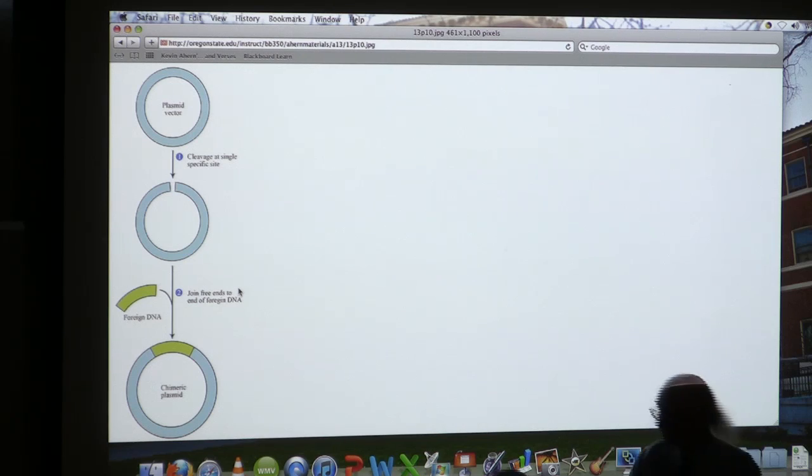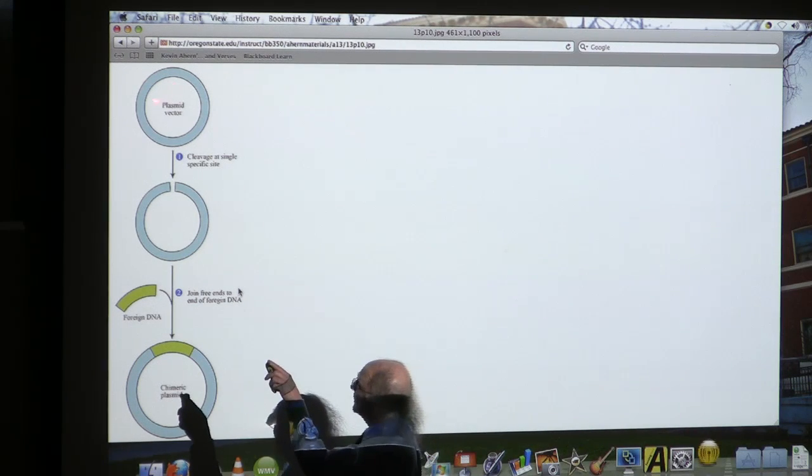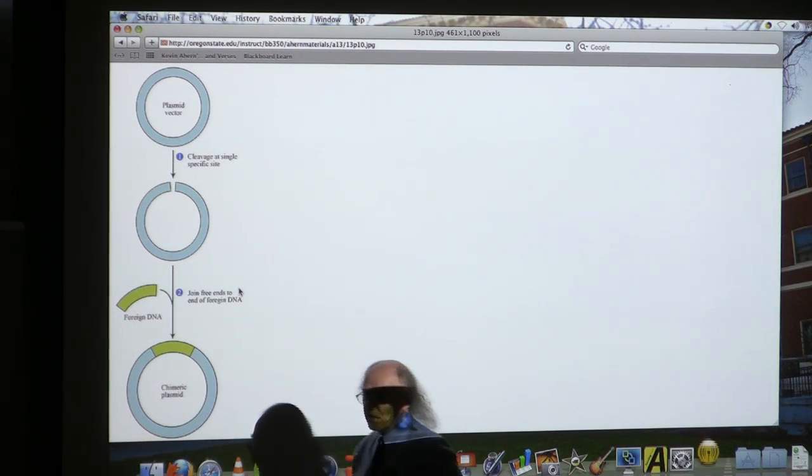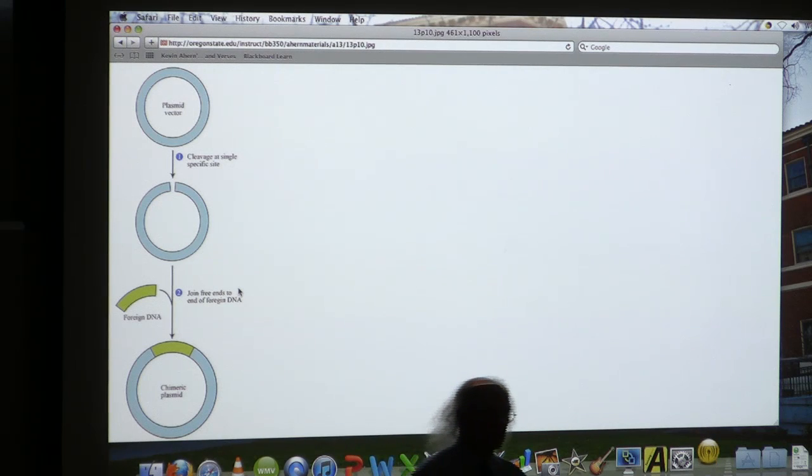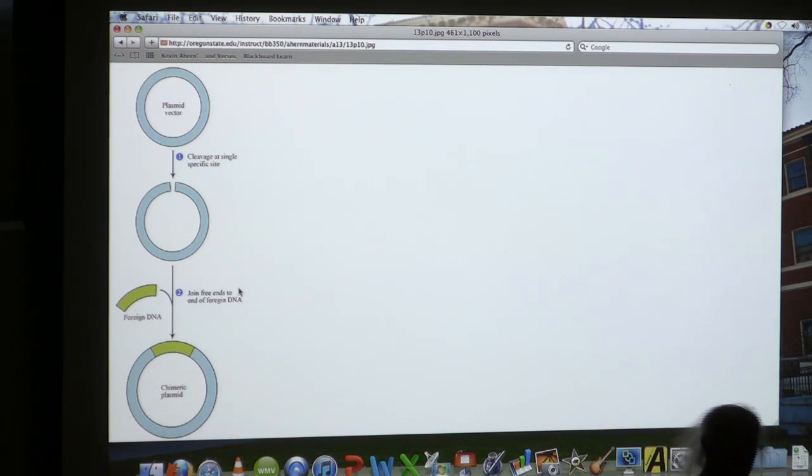Meaning that if a bacterium gets my plasmid, it gets that gene, and now it will be resistant to that antibiotic. And I can identify the bacterium that gets it by the fact that it will grow in the presence of that antibiotic, whereas those that don't get that plasmid will not. They will die.